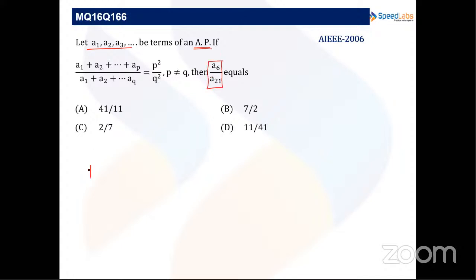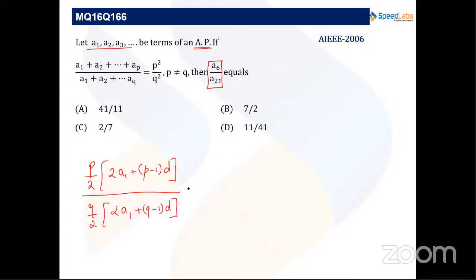So the sum of the first p terms will be p by 2 into 2a1 plus p minus 1 into d. And here it will be q by 2 into 2a1 plus q minus 1 into d.